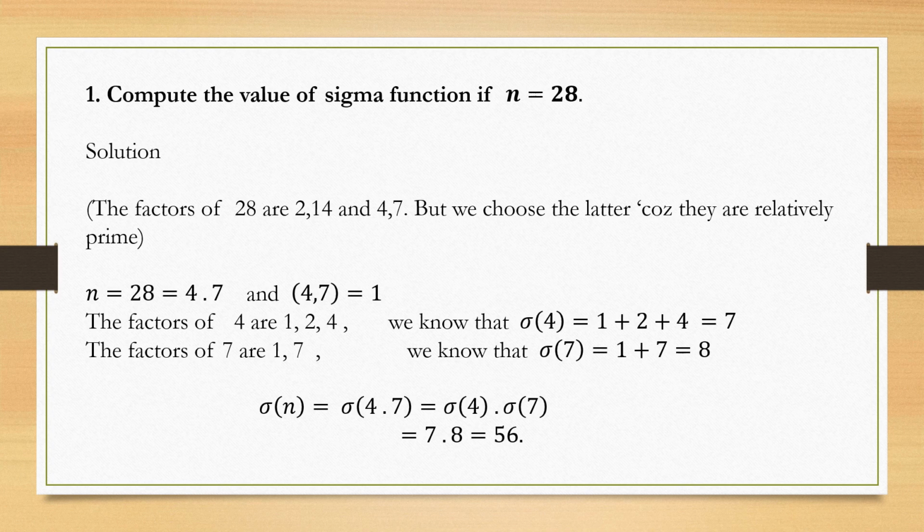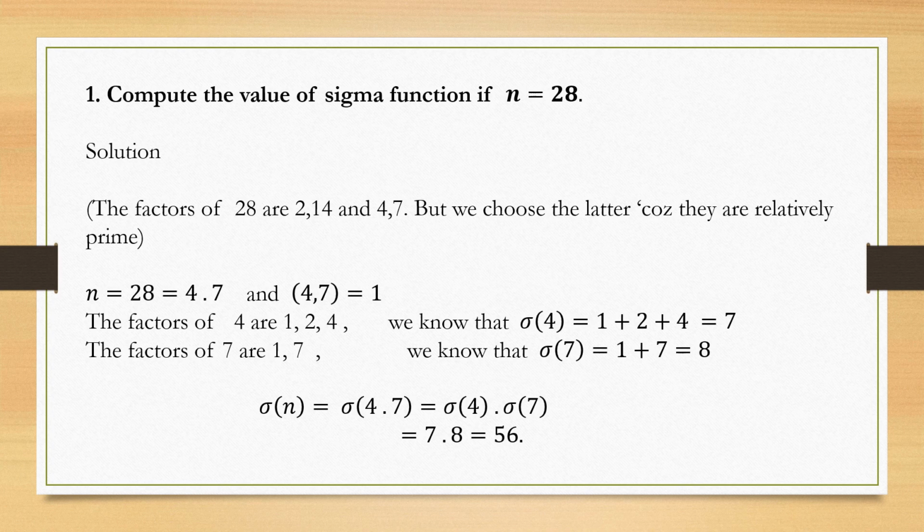So now n is equal to 28. I am taking it as 4 into 7. The common divisor of 4 and 7 is 1 because they are relatively prime numbers. Now first I will sort out 4, then I will sort out 7. The factors of 4 are 1, 2, 4. We know that sigma of 4 can be written as the sum of its factors.